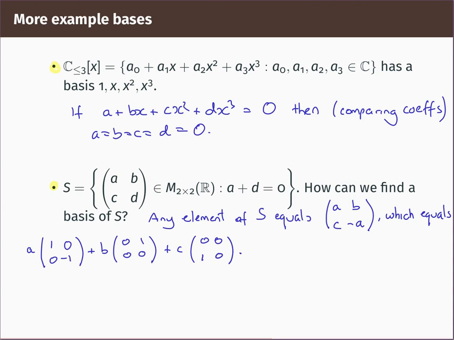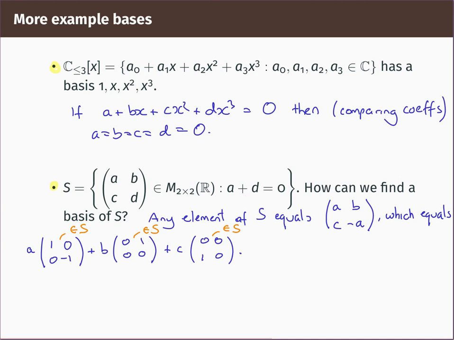Now notice that each of these three matrices is actually an element of S. The first is in S because if you add the top left and bottom right entries, you get 1 plus minus 1, which is 0. The second is also in S, because 0 plus 0 is 0. And similarly, the third is in S as well.